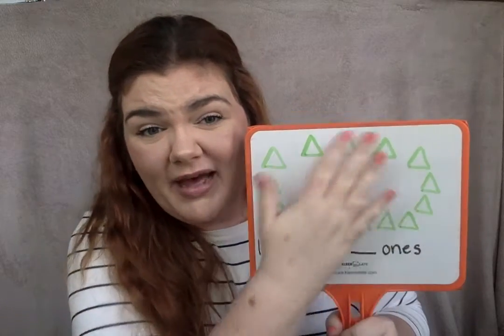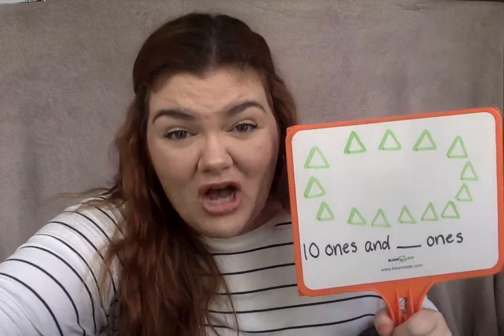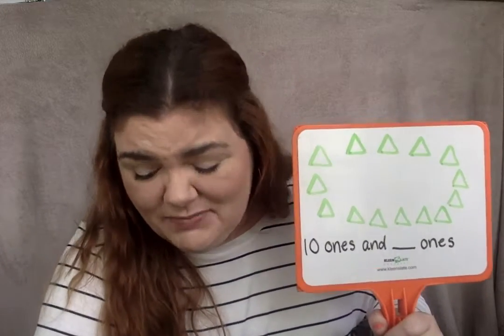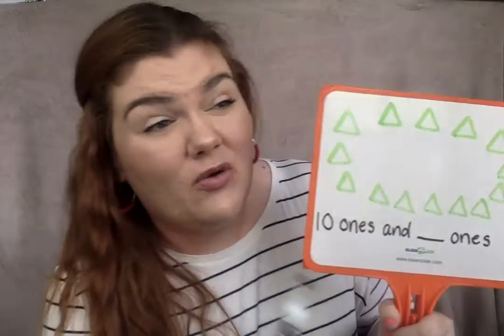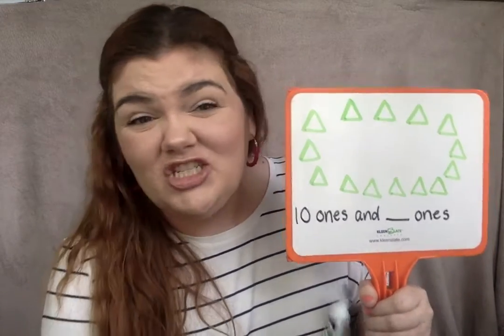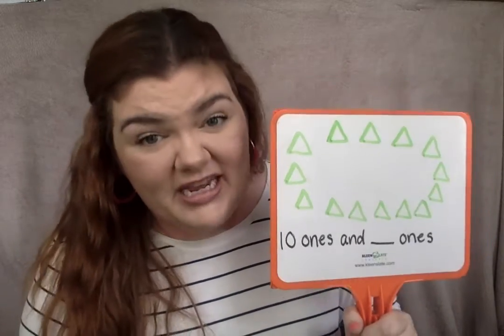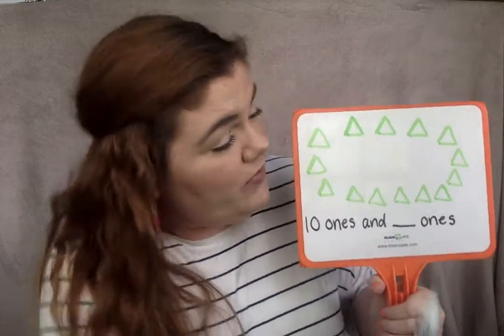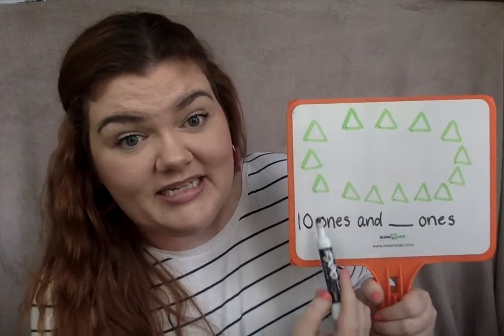So if you need to go back and cross it off or even make a little dot, that's okay. It's better to just know how many there are and make sure that you are doing it correctly than to just circle however many you want. I want you to make sure that you're doing it right. So we need to circle 10 ones, and then we need to see how many are left over.